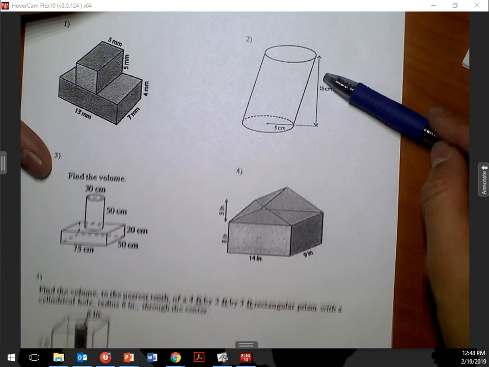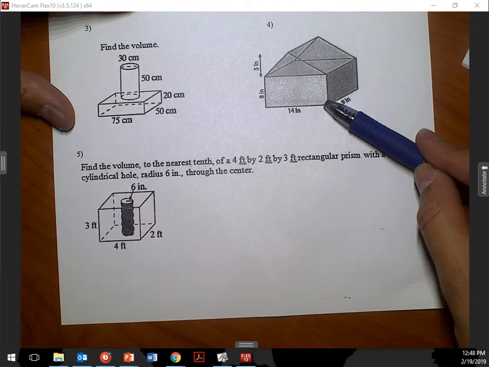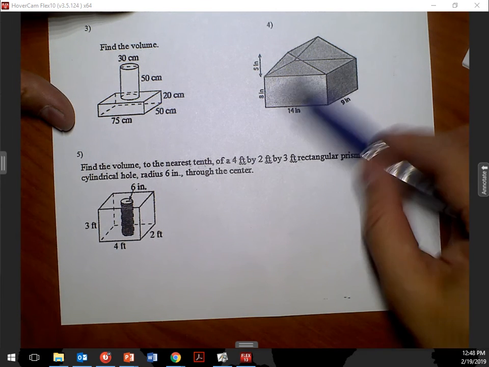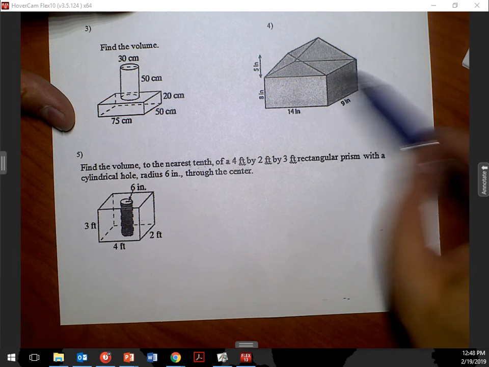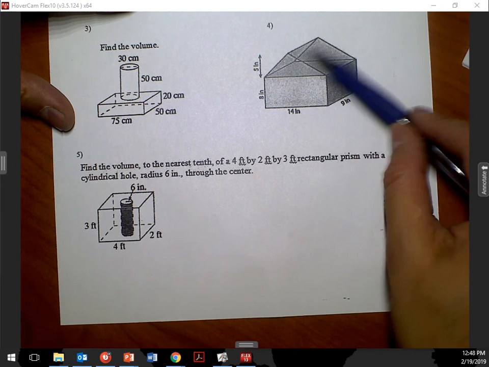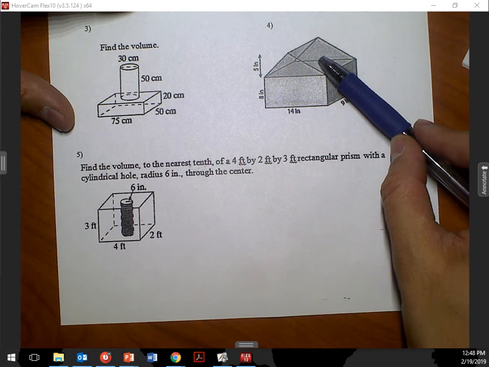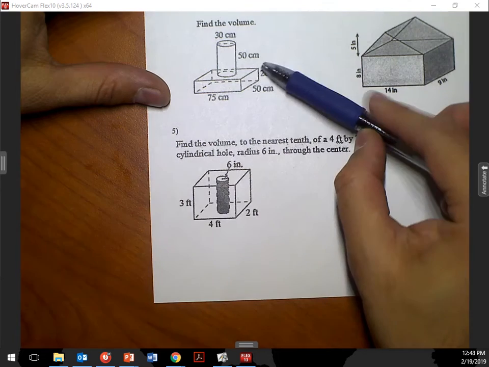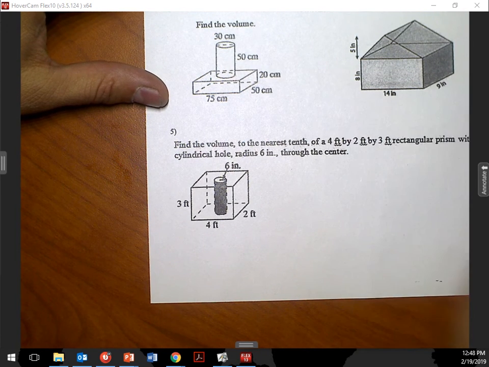Number 4, what do you think 4 would be? It would be an add, because I have a rectangular prism plus a triangular prism. We did a triangular prism the other day in the notes. On 3, it's the same as what I did in the notes. I just have a bigger side right here.